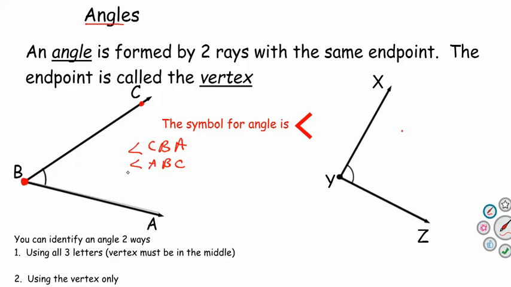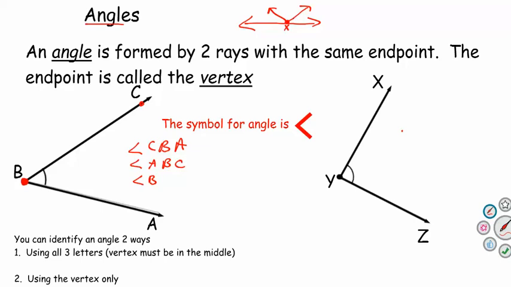So I can name it those 2 ways, or I can also name it just with the vertex. I can only do that if I just have one angle. If I had multiple angles here, like this, and like this, and this were point X, I couldn't say, tell me what angle X is.